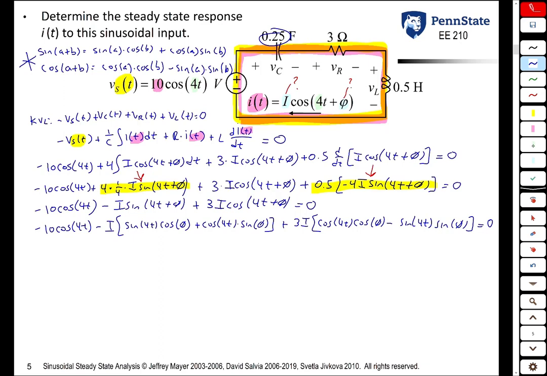What we see now is that we have some cosines of 4t, and we have some terms that are sine of 4t. So let's group those together. So we get cosine of 4t times minus 10, that's that term, minus I sine of phi, that's this term, plus 3I cosine of phi, that's this term.